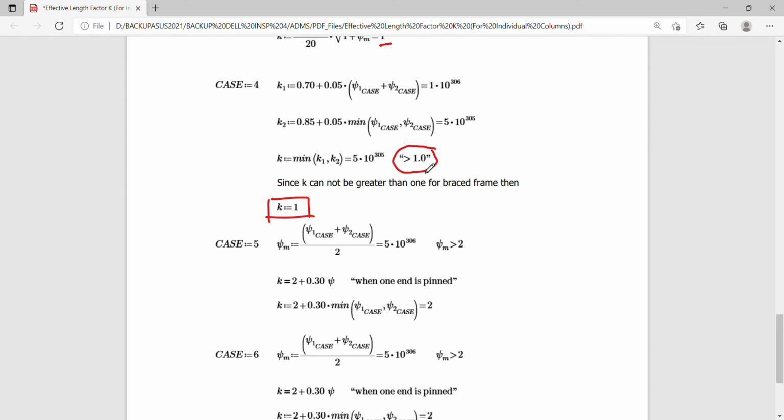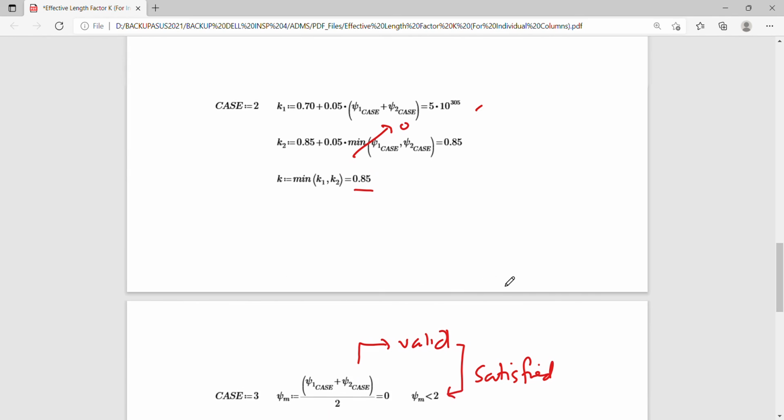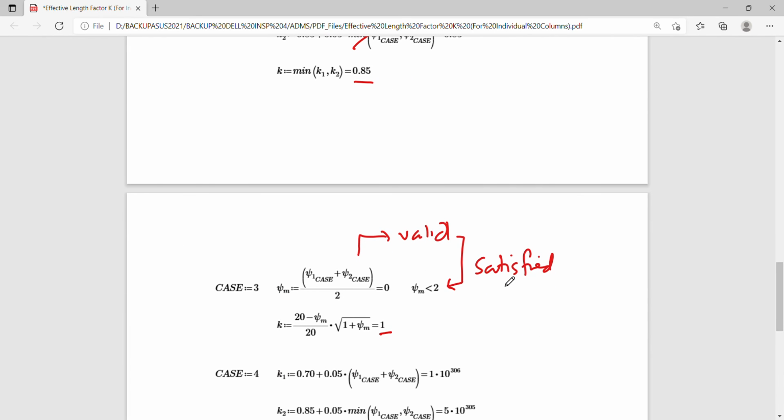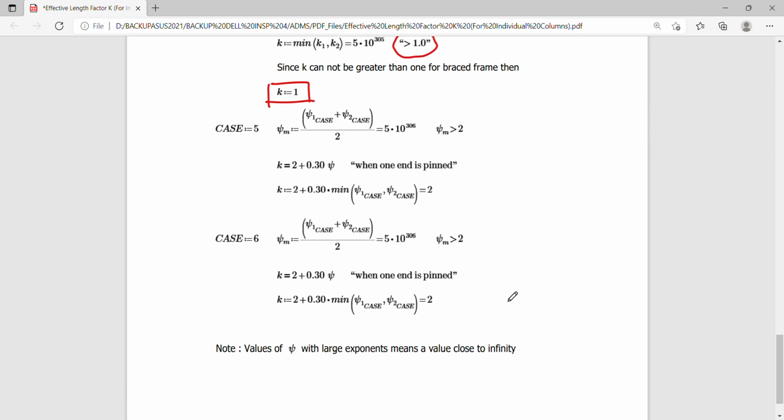So take note that for brace frame, always your K must not be greater than 1.0. So for case 5 and 6, which are again unbraced conditions, we just take the formula for case 3. We take the mean or the average for the psi 1s and psi 2s.